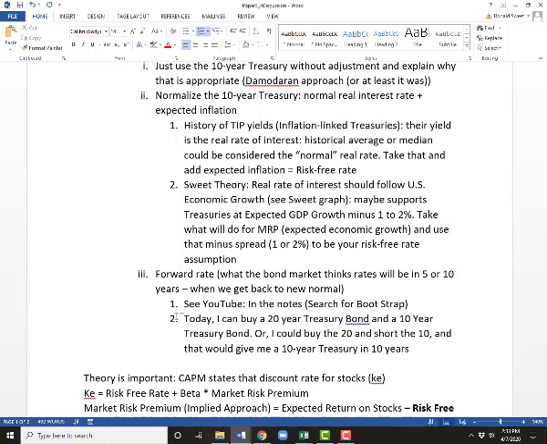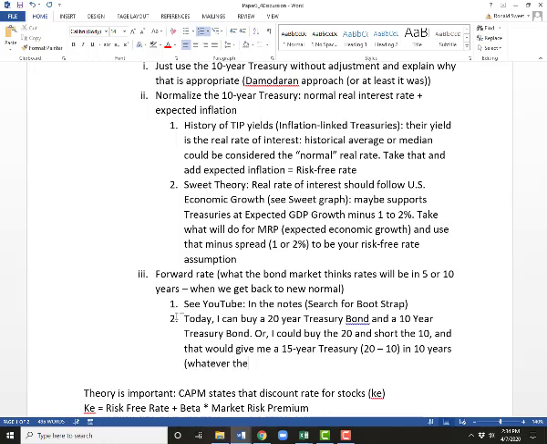If we did a 20-year treasury and a 5-year treasury, essentially then we'd be buying a 15-year treasury in 5 years. So the treasury is 20 minus 5. I'm going to go back to 10, and the years is whatever the shorter treasury maturity is, 10 years.